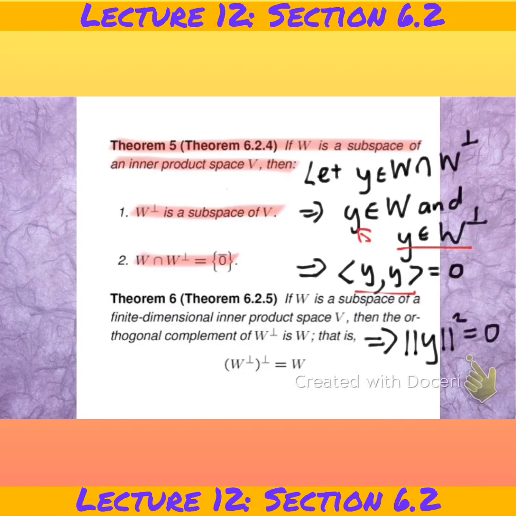It must be 0, and from there you can easily see that the norm of y must be 0. Now we know the norm of a vector is 0 if and only if the vector itself is the 0 vector. So therefore y must be the 0 vector. So the intersection between W and its orthogonal complement must be only the 0 vector.